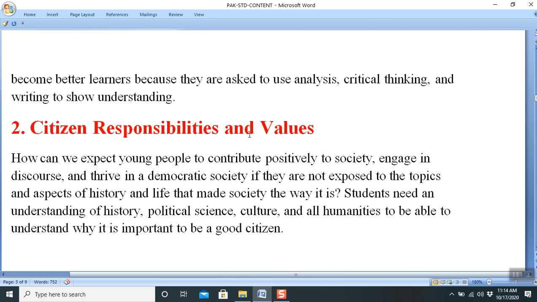Citizens' responsibilities and values. Social studies students learn about culture, religion, law, norms and traditions, media and relationships. By virtue of extended knowledge, he transforms into a better citizen, and he can relate and cooperate well with fellow beings as well as with the system, the government, and government departments.